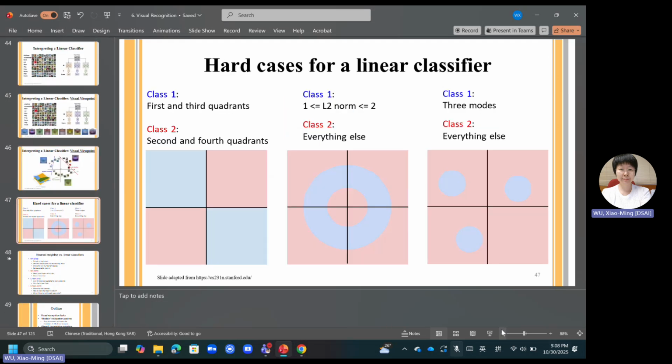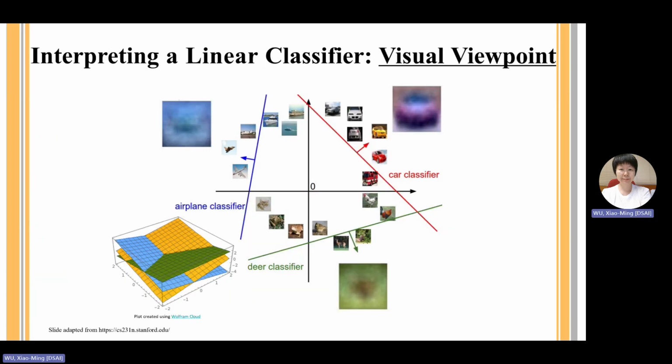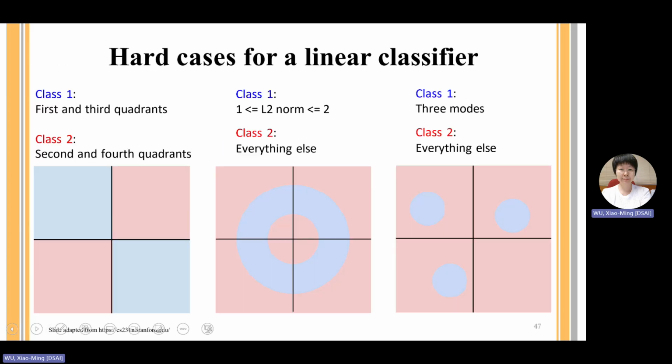But of course, linear classifiers have limitations because they are linear, so they won't be able to classify nonlinear data with nonlinear structures.